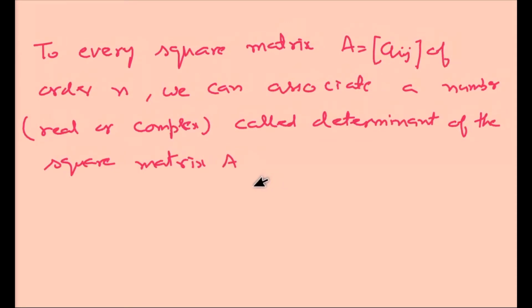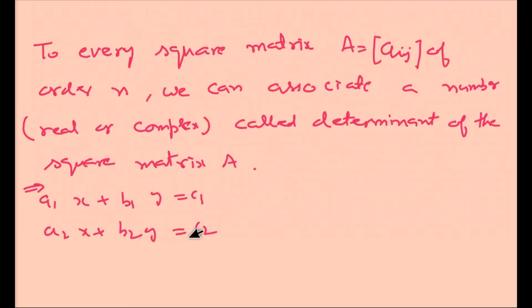Now I will write again these equations: a1x plus b1y equal to c1, a2x plus b2y equal to c2.